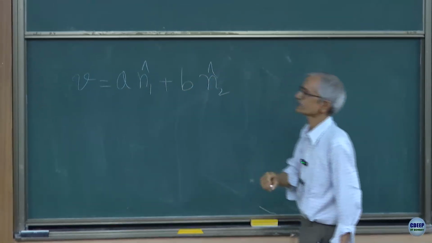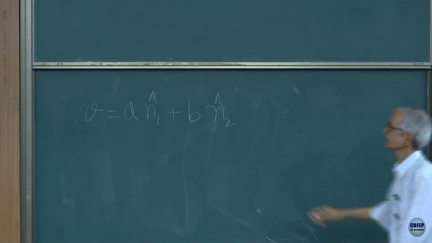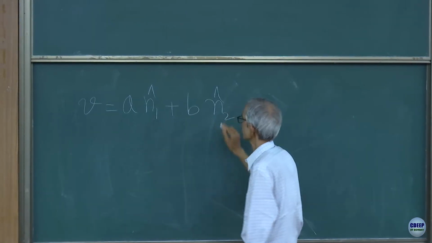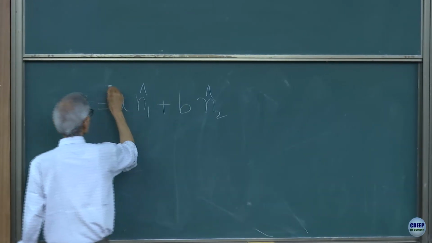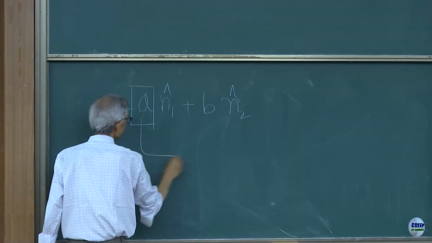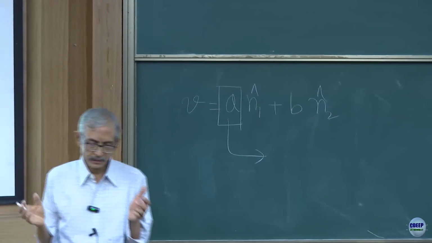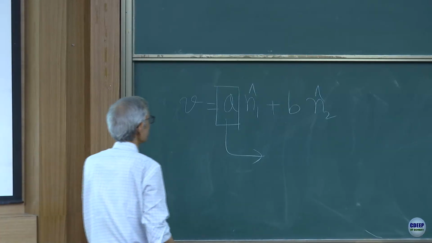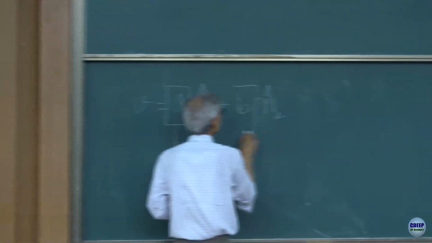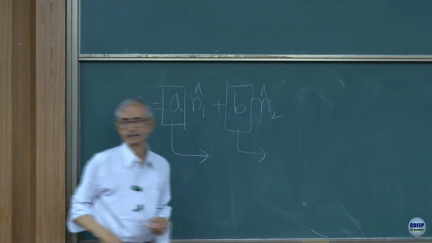In the 2D space, I have got this equal to a times n1 plus b times n2. Now, so far we have done some trivialities. So now let us try to give some kind of a formal meaning to what this A is and what this B is.